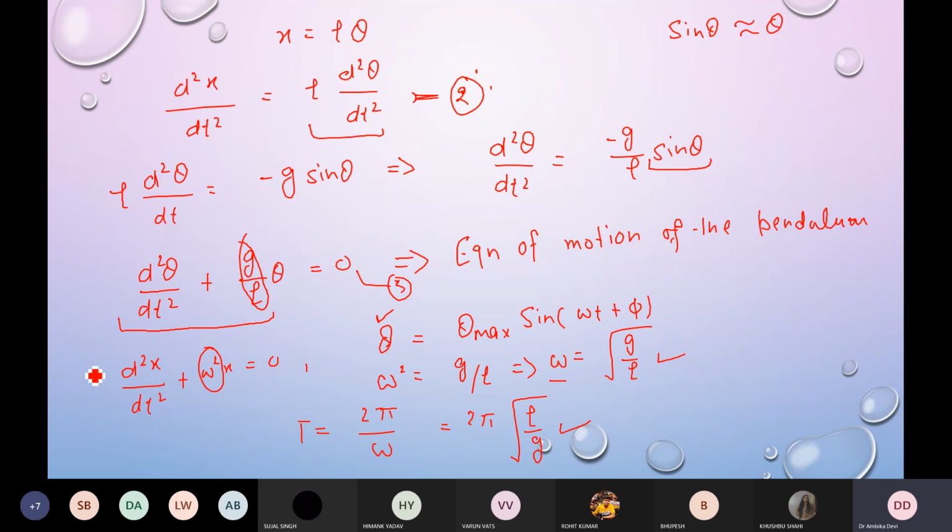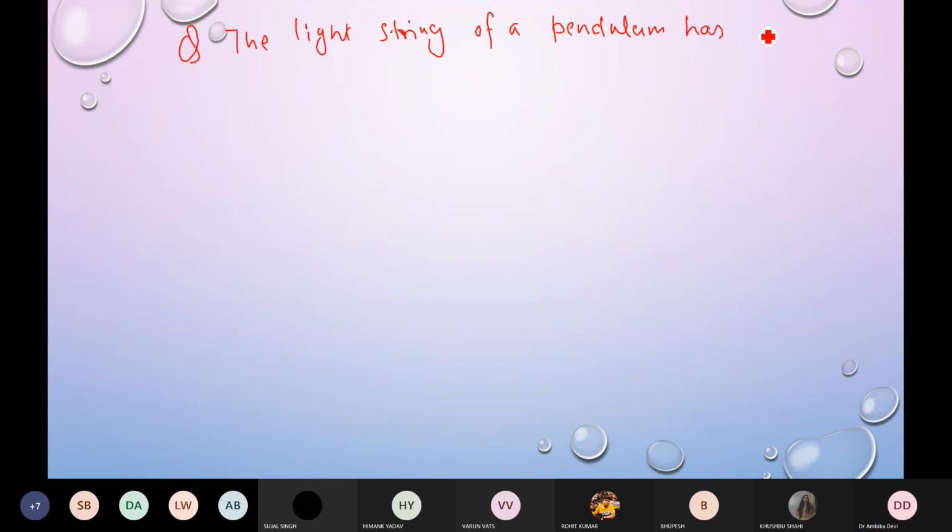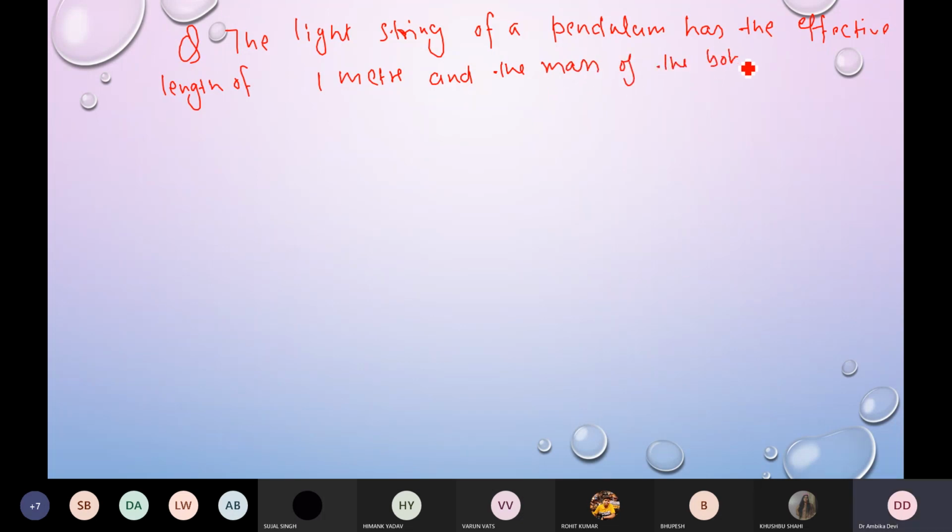The numerical is: the light string of a pendulum has the effective length of 1 meter and the mass of the bob is equal to 1 kg.